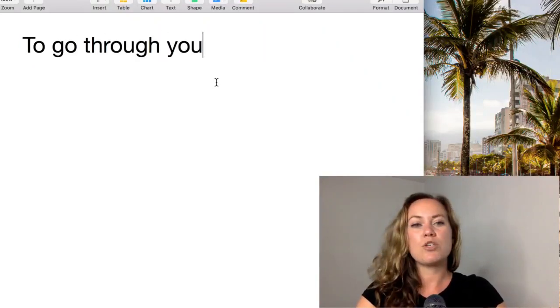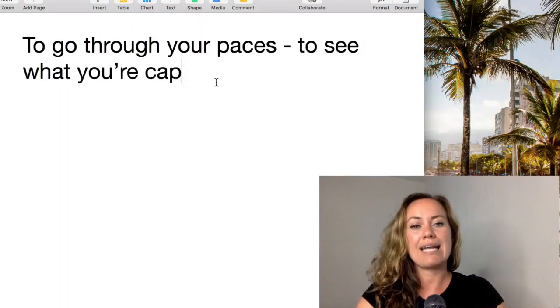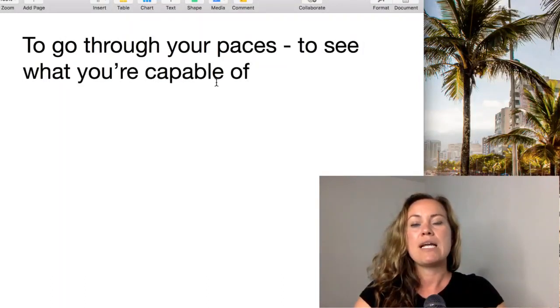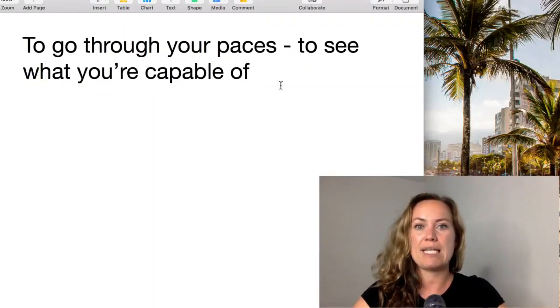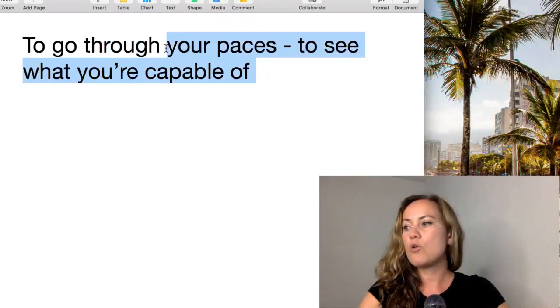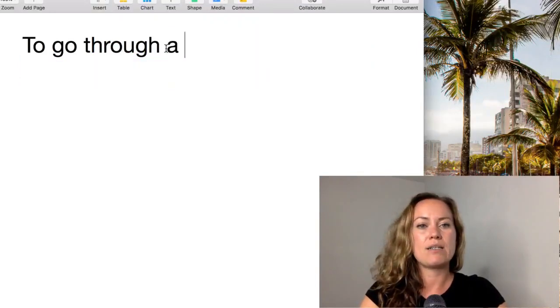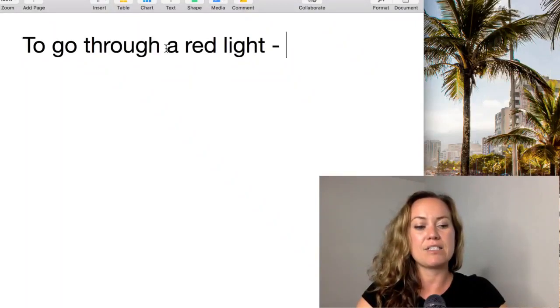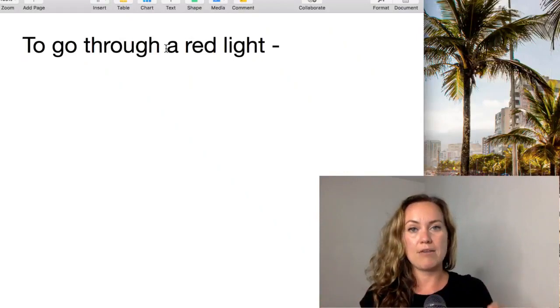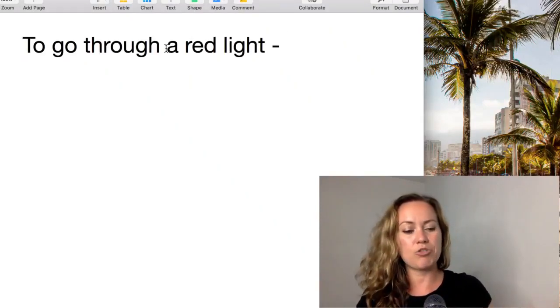To go through your paces means to see what you're capable of. So if you're in an interview, your interviewer might put you through your paces. To go through a red light is a bad idea unless you like tickets. So if you go through a red light, you're driving probably, and you could get pulled over.